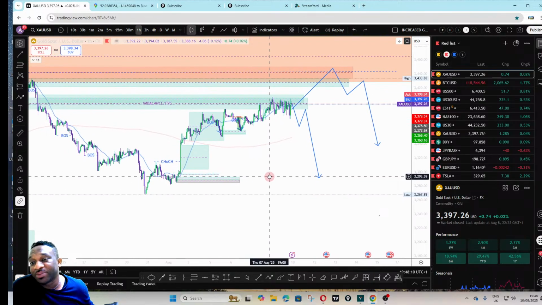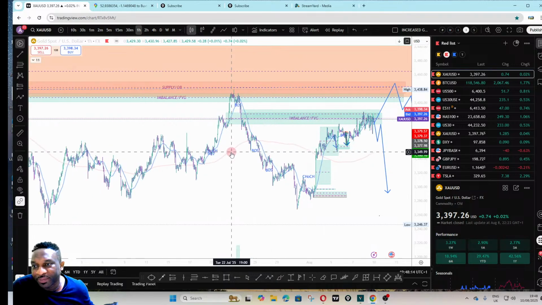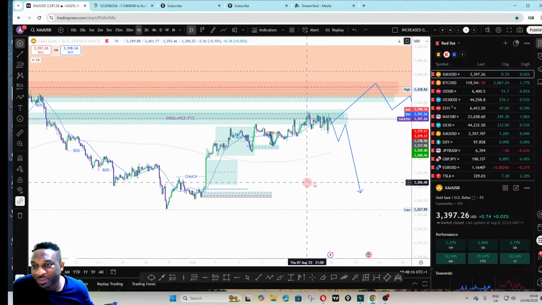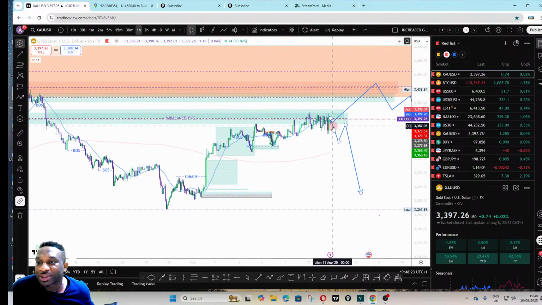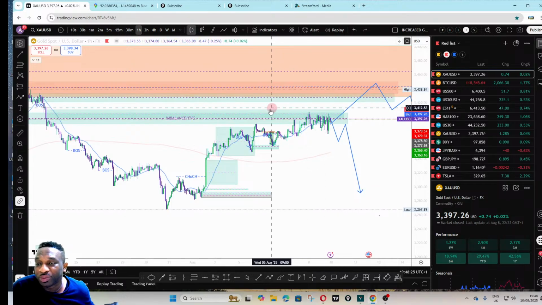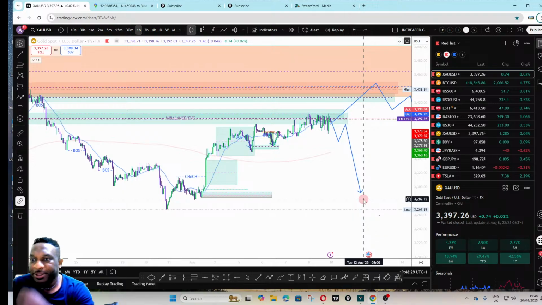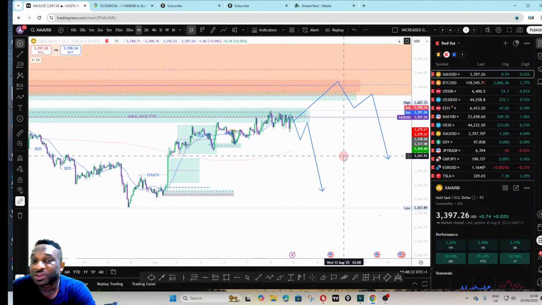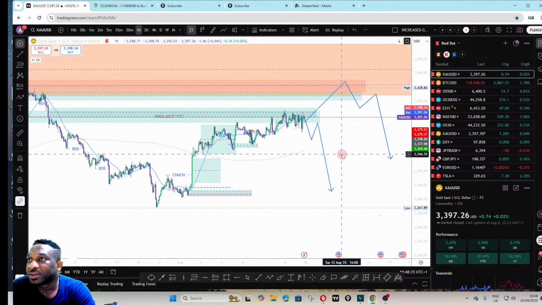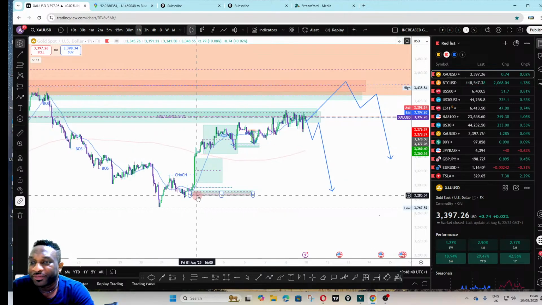It's the same concept we've been talking about: we identify these equal highs here, and before we most likely turn around for much bigger sells, we could expect price to sweep liquidity above, and then we go on for the sells. This is the kind of scenario we expect on gold coming this week. I hope this is clear enough.